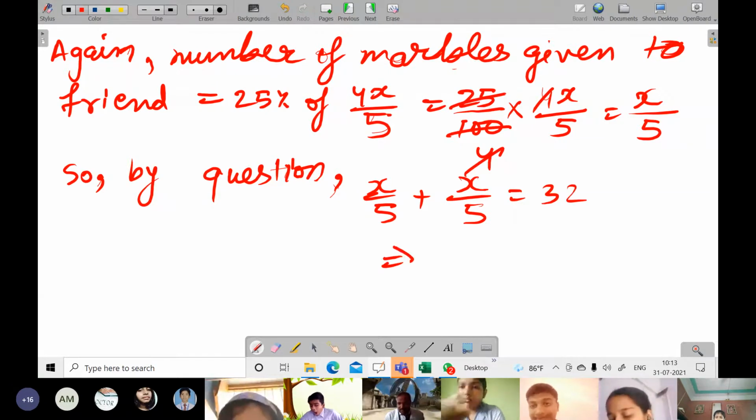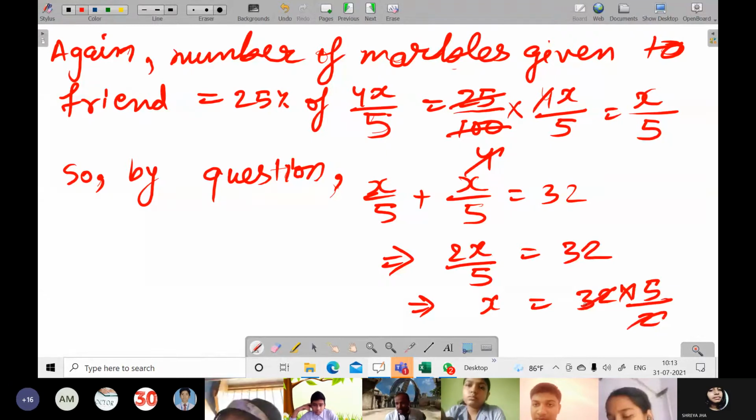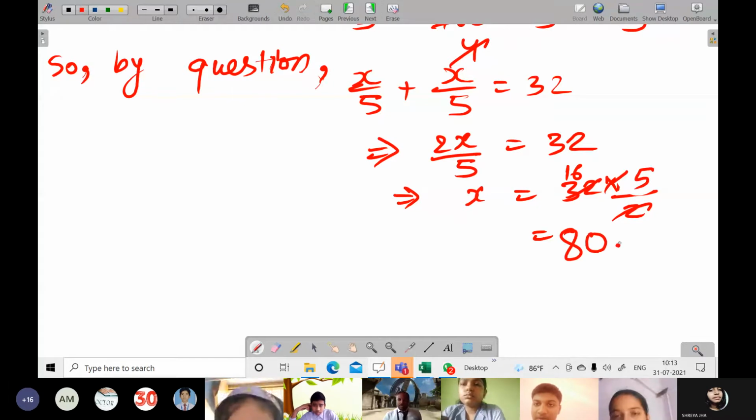So it will become 2x by 5 is equal to 32, or x is equal to 32 into 5 by 2. That means 2 times 16 is 32, so 16 into 5. It is looking like 15, so I'll write it properly. 16 times 5 is 80.